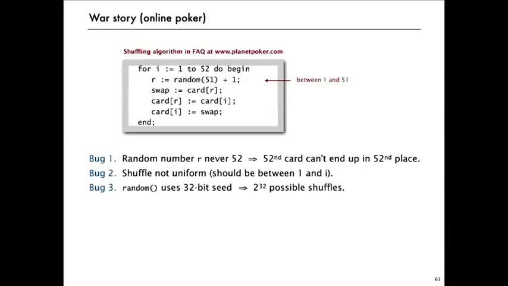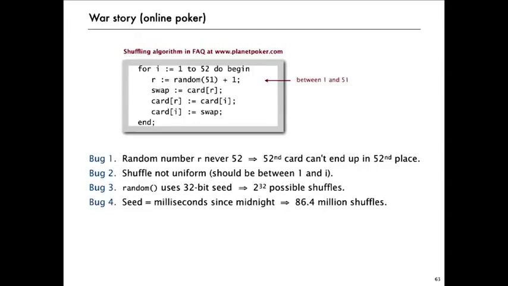Another problem in this implementation is that the random uses just a 32-bit seed. If you do that, there's not enough possible shuffles. The number of possible shuffles is much more. If n is 52, it's 52 factorial, which is a lot bigger than 2 to the 32nd. So it's not close to random or uniform.